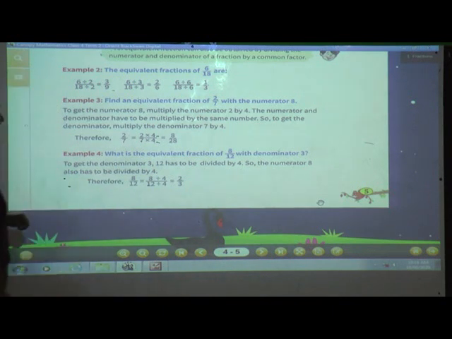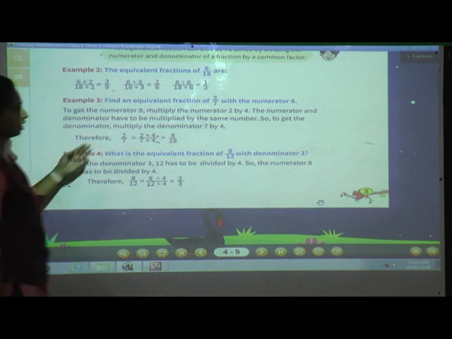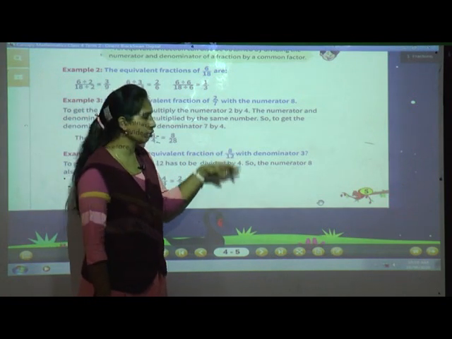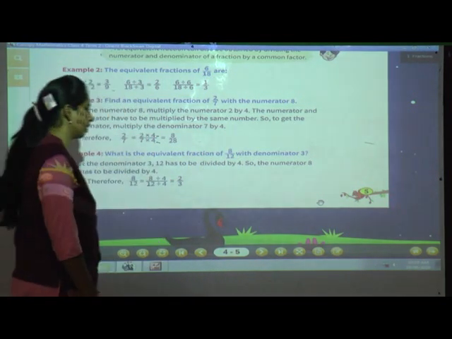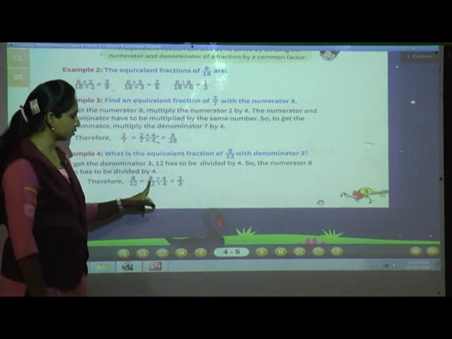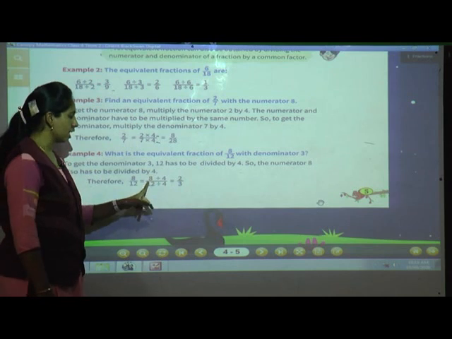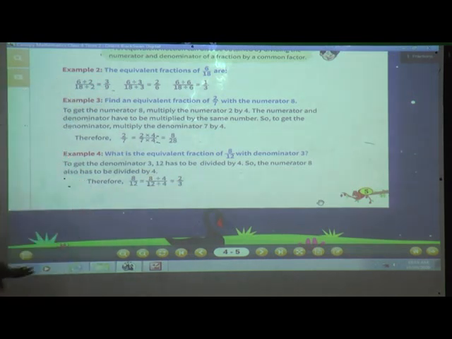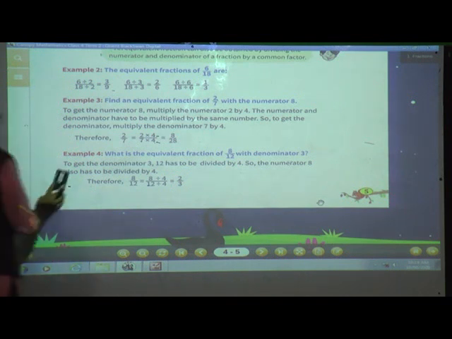So the numerator 8 also has to be divided by 4, because whatever number we divide the denominator by, we should use the same number for the numerator also. Therefore 8 by 12 is equal to 8 divided by 4 over 12 divided by 4, so we get 2 by 3. They said we just need denominator 3. Clear? Yes.